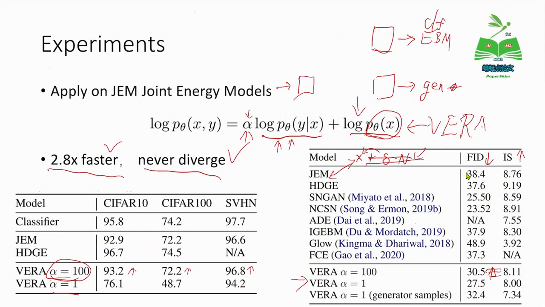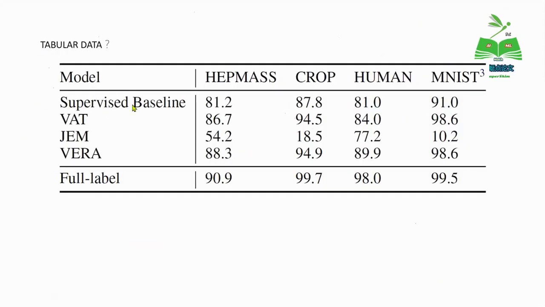Okay. Now the VERA has two models, a classifier and a generator. And yeah, let's move on. And the tabular data, I'm not sure.